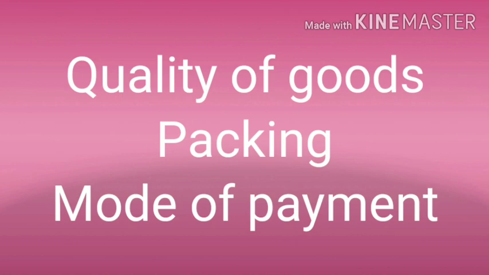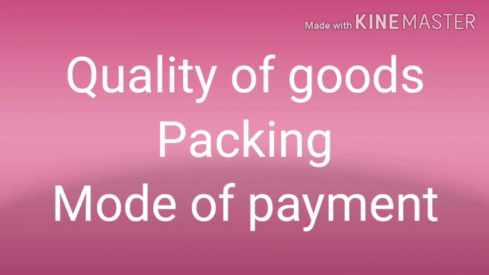Then time limit, discount, you can ask for the discount in the concluding paragraph. So these are the things that you have to include in the concluding paragraph: the mode of shipment, the quality of the goods, the way of packing, the insurance, then the mode of payment, then discount.